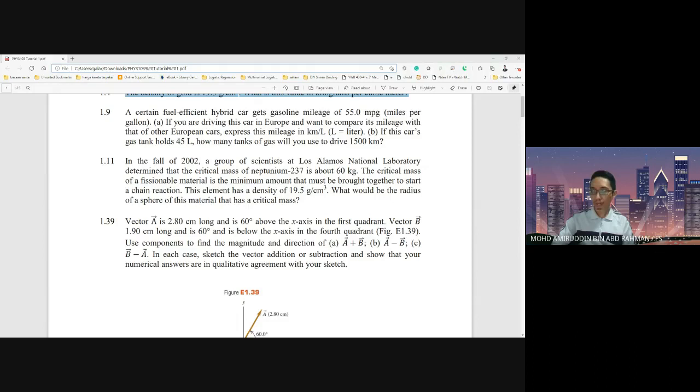You need to drive over 1500 kilometers, so how many liters are used? You need to divide 1500 by 23.36, so you will know how many liters are used by the car.